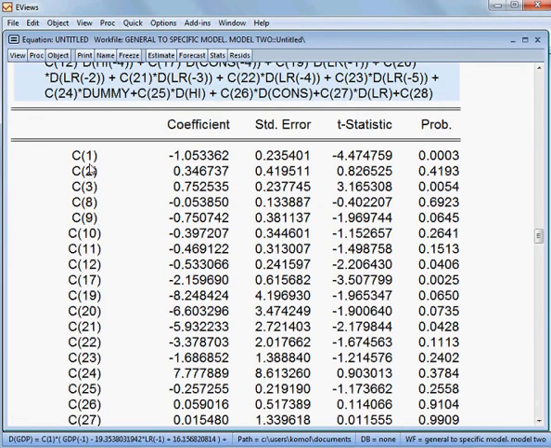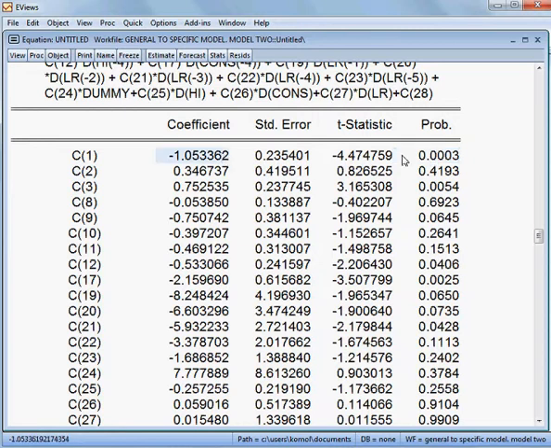Here C1, C2, C3 are the coefficients of the co-integration model. C1, the coefficient has a negative sign, so that is good, and the p-value is significant, that is also good, meaning that this coefficient must be negative and the p-value must be significant.